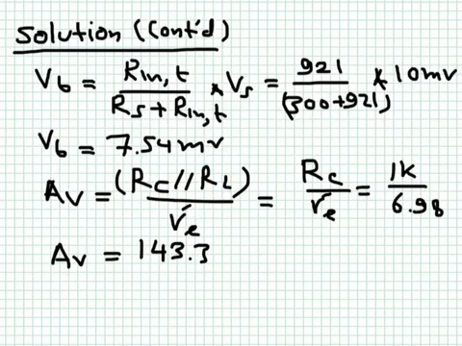Then the gain is equal to 1K divided by 6.98. So it's really 143.3. One word of warning. This is the absolute value of the gain, while the gain will have a negative sign. There is a negative sign here because again there is a phase inversion between them. So this is really the amplitude of the gain in this case.